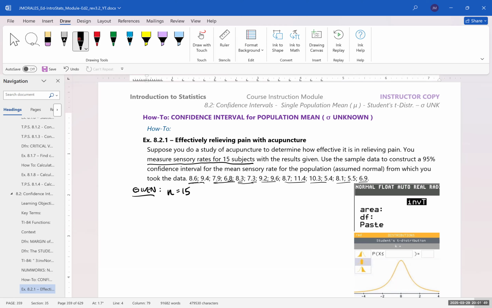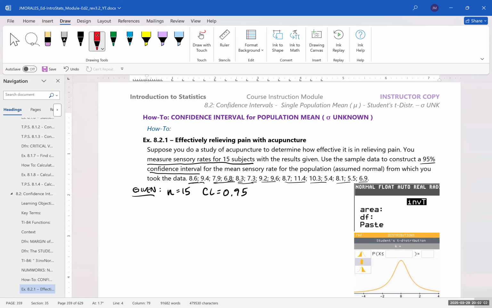Use the sample data to construct a 95% confidence interval. So what that means is we have a confidence level of 95% or 0.95. And just like before, this is going to be a two-tailed distribution.